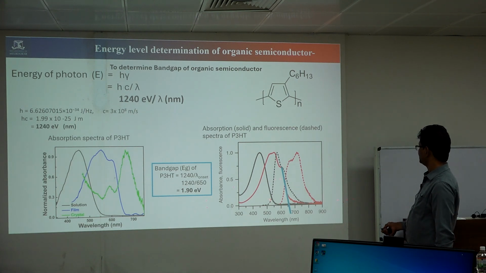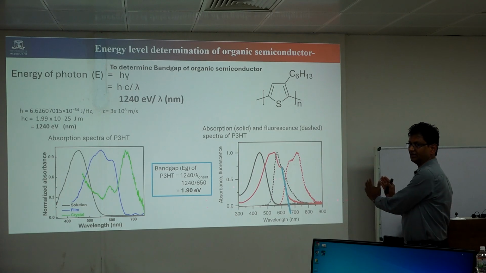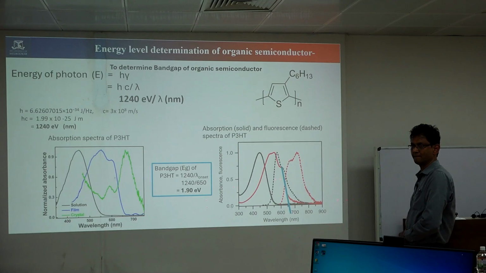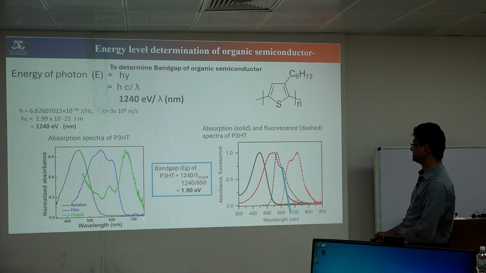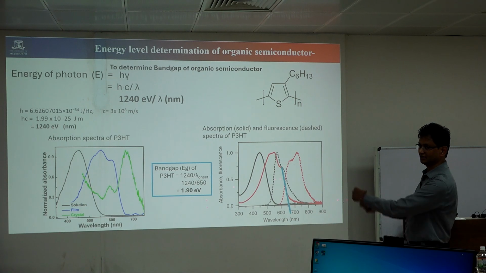You see, the black solid line is the solution absorption. This red curve is the film absorption. You see, the absorption is extended. This is not broadened, because I'm giving the x-axis up to 700; this is 900 when you extend it.